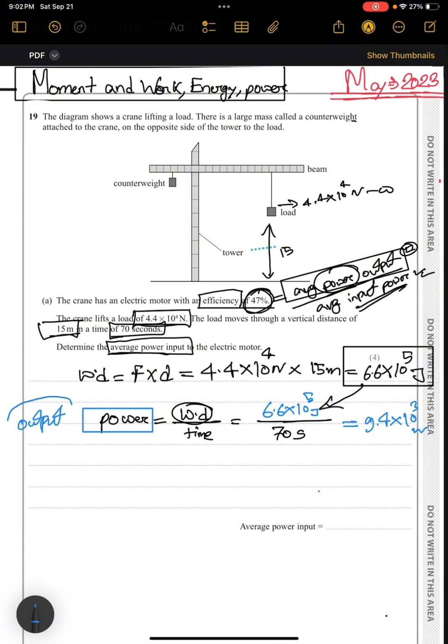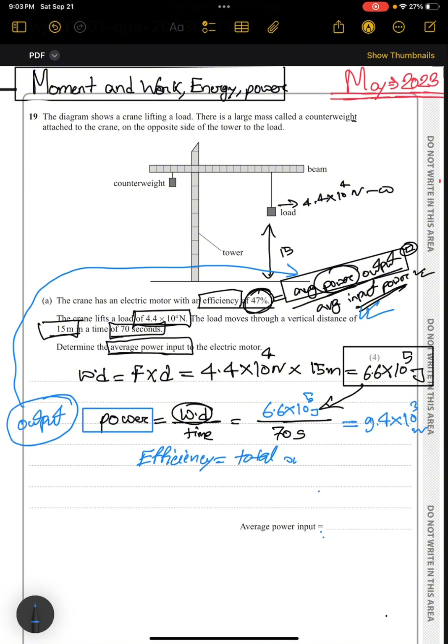And now we will put this output power right here to find out the average input power. So we know efficiency is equal to total output power divided by average power input.